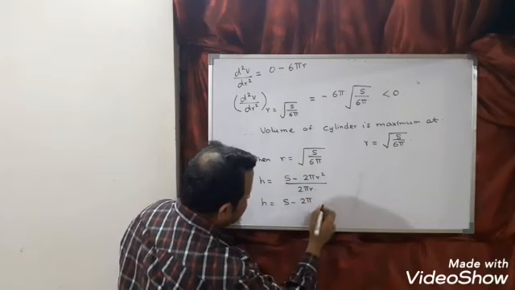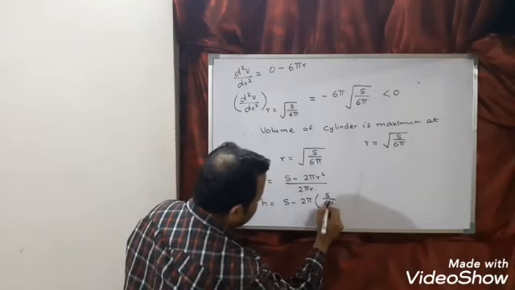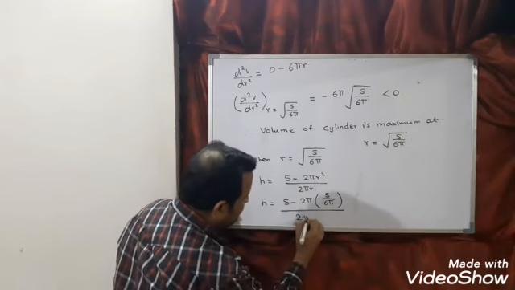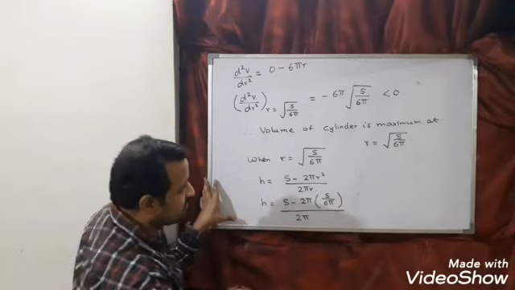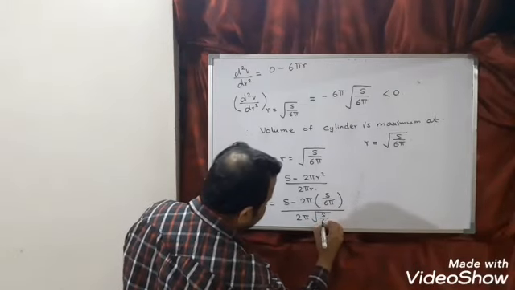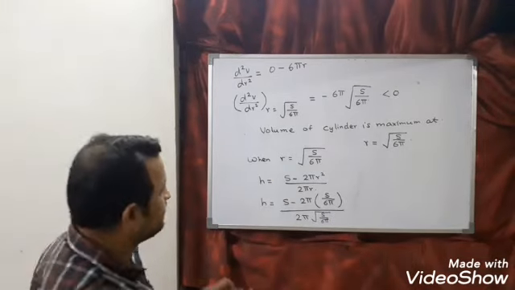So calculate r square. What is r square? r square is nothing but s by 6 pi, whole divided by 2 pi r. What is r? r is nothing but square root of s by 6 pi. Now take LCM and tell me what you will get.